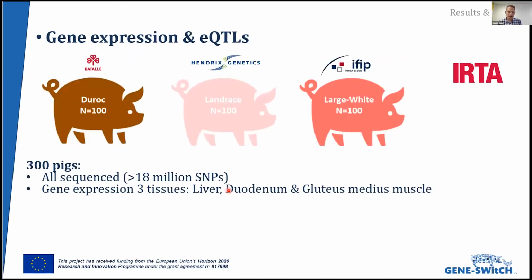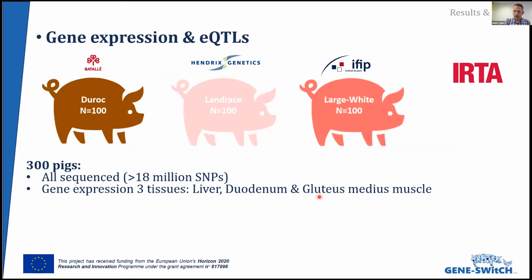And then another activity is on measuring gene expression and finding eQTLs in pigs. For this activity, in three different places, 100 pigs were sequenced in each, and gene expression was measured on these individuals from three different tissues: the liver, the duodenum, and a particular muscle.